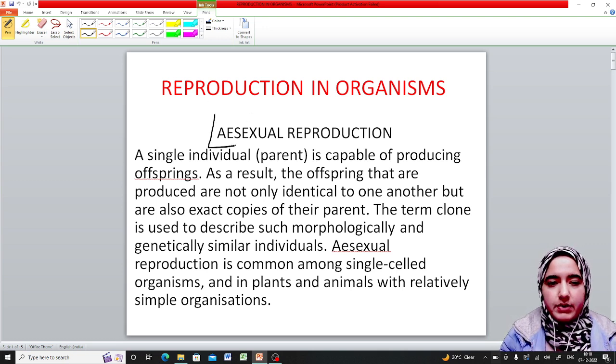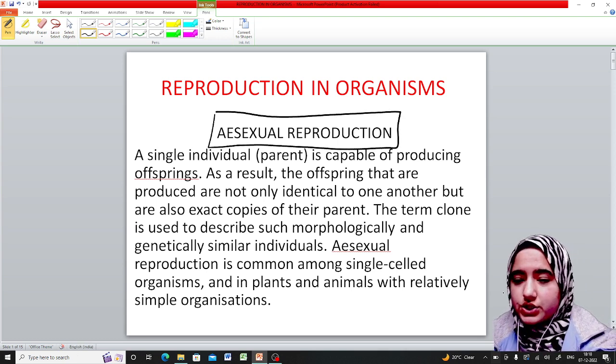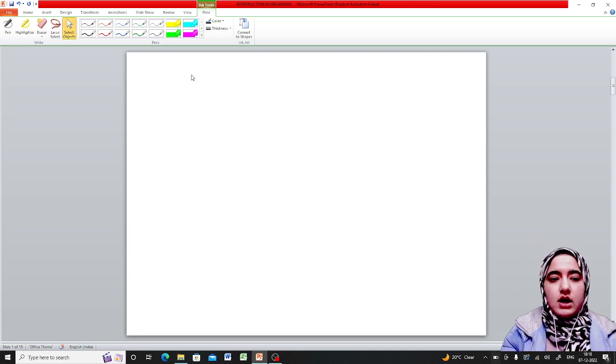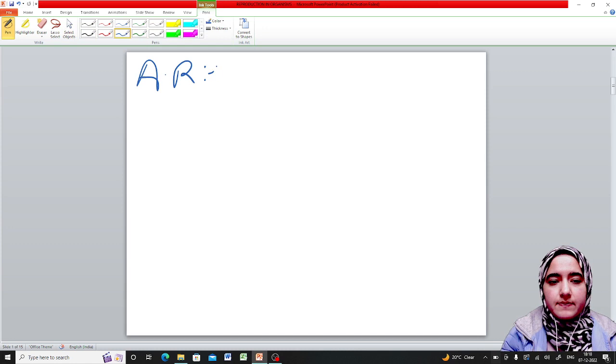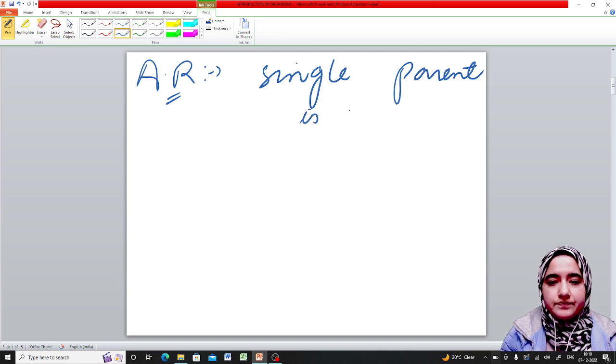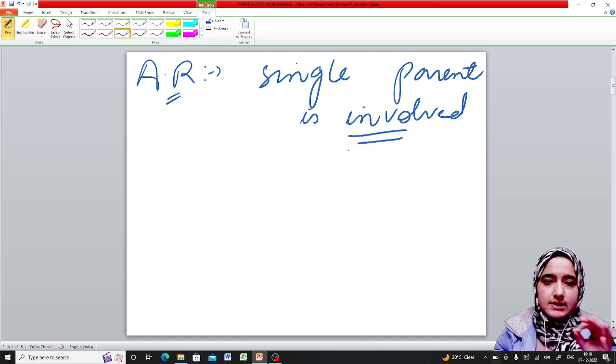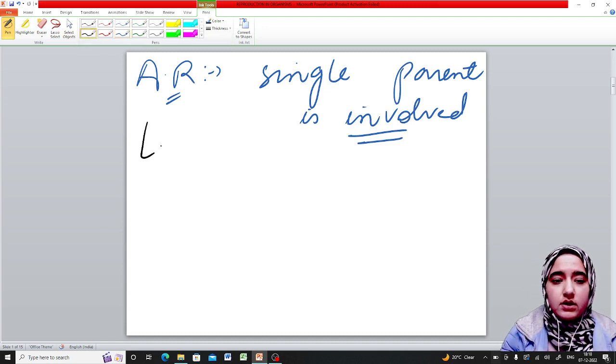So today our topic is basically asexual reproduction. What asexual reproduction basically is, as I said in an earlier lecture, is that it simply means when a single parent is involved. And since a single parent is involved here, asexual reproduction gives birth to young ones which are similar to themselves.